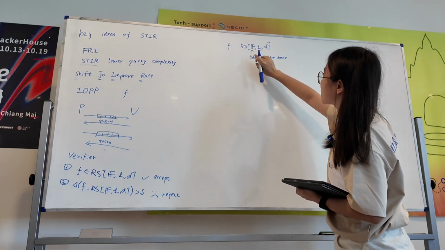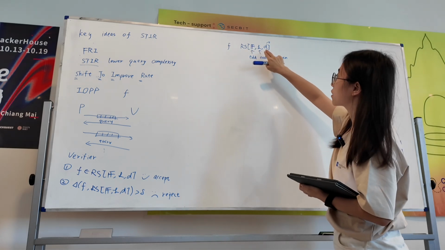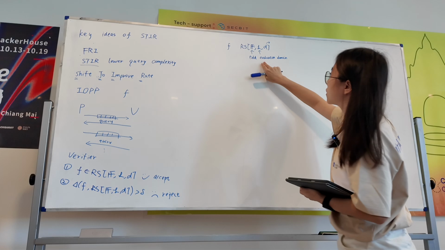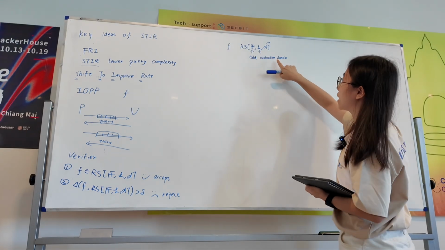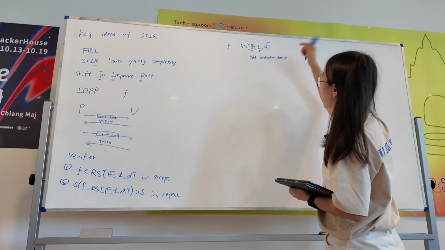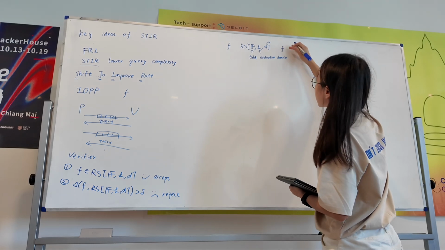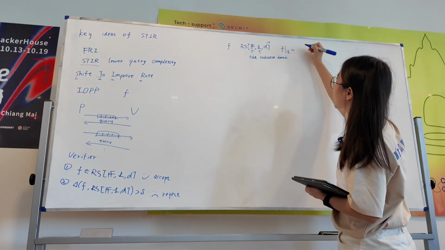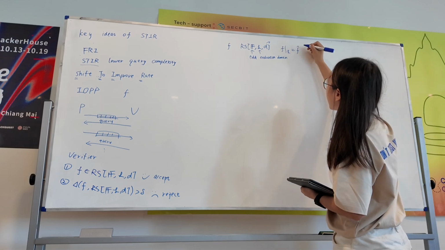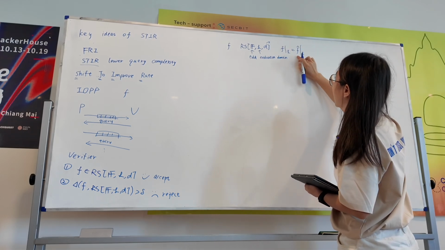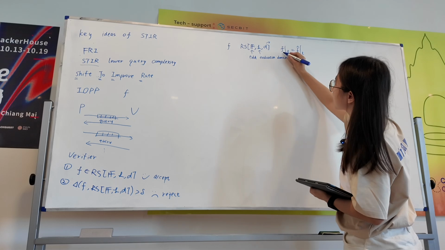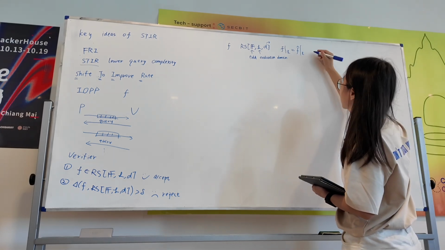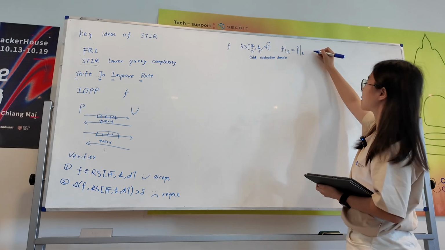It contains all functions f whose evaluation on L is consistent with a polynomial f hat, where f hat is a polynomial with degree less than d.